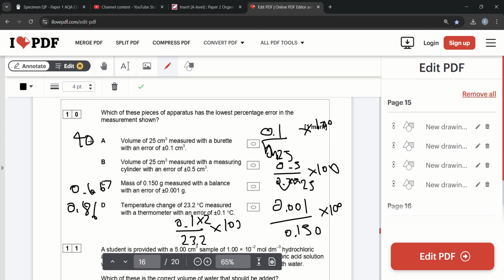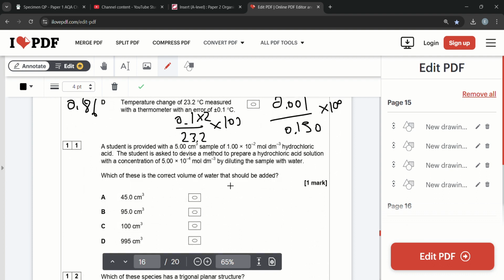No, 0.1 divided by 20. 0.4. So the answer is going to be A.